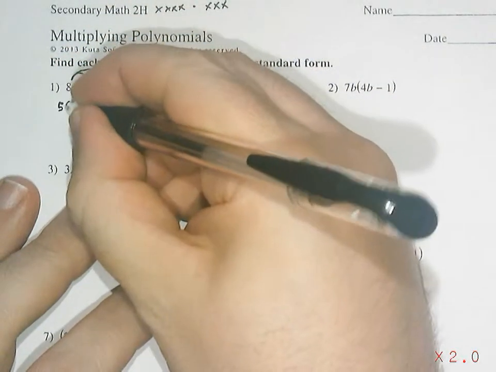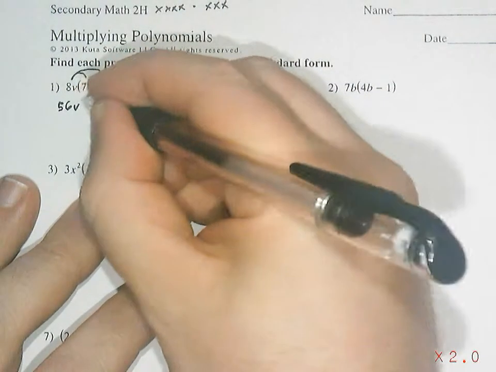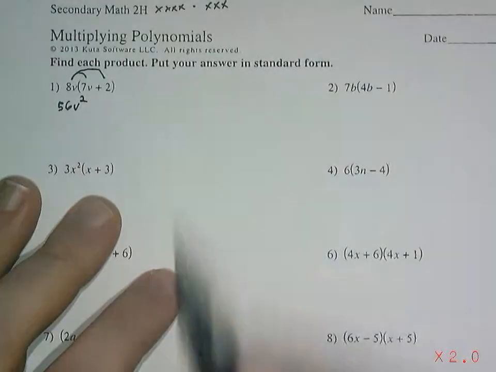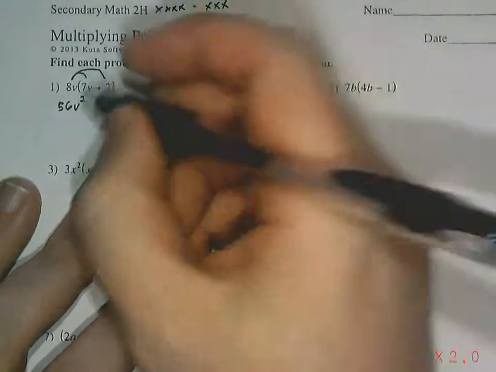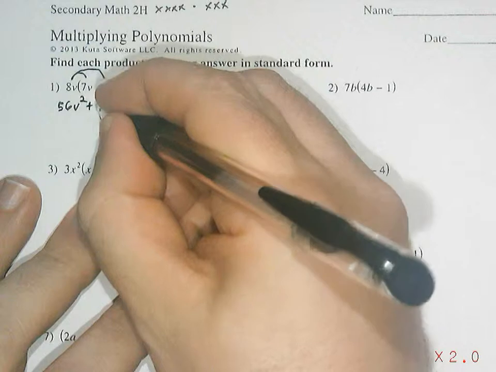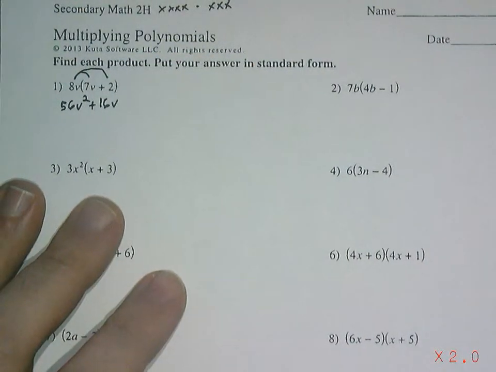So 56. And then the v and the v would multiply, getting v to the second power. And then we do the same thing with the 2, but 8 and the 2 would multiply to become 16. And then we just have the v. Nothing more I can do to simplify that, so that's my answer.